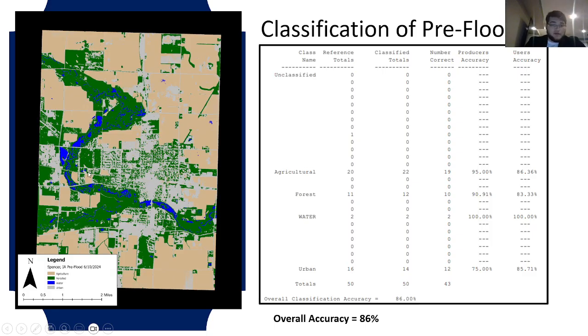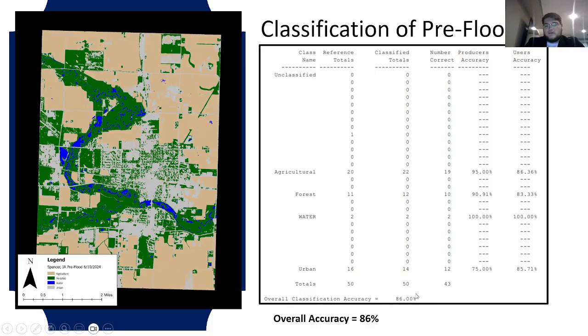So for this pre-flood condition, we can see that the agriculture class had a pretty good accuracy. The forested area had a fairly good accuracy. The water had 100% accuracy, and then the urban was fairly accurate, but because, like I said, those clouds are going to get in the way, it got in the way a little bit.